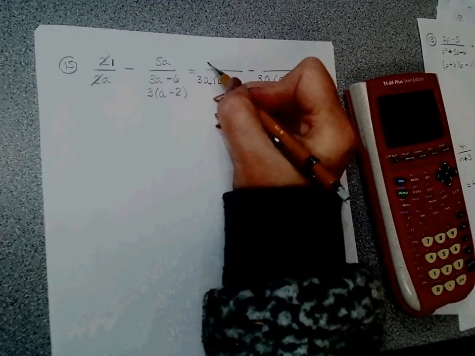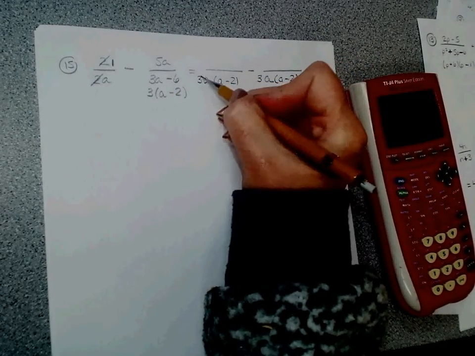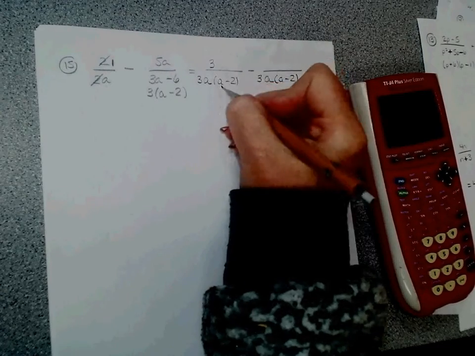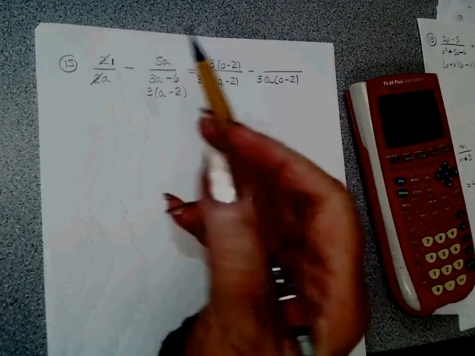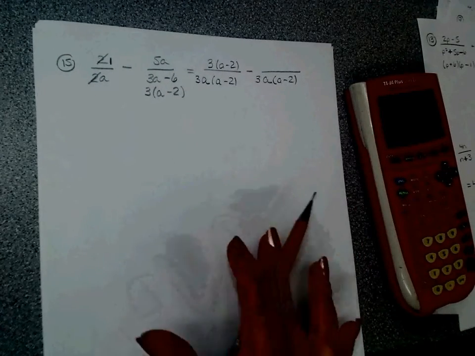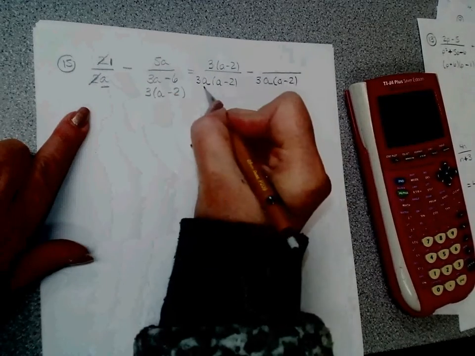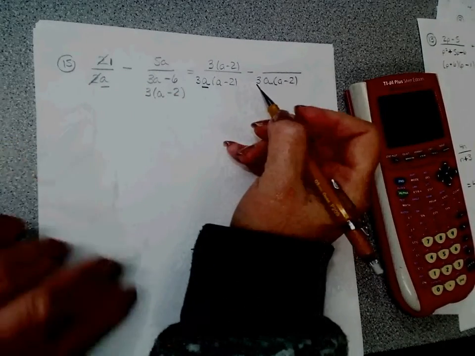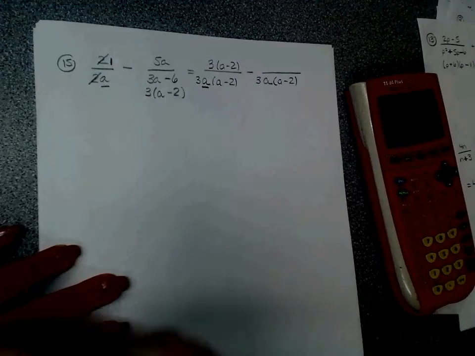Okay. Now, this one had the a, so it needs a 3, and it needs an a minus 2. And there was only a 1 up there, so 1 times 3 is just 3. Okay, now let me talk through that again, because I said it a little fast. This one had the a, so the things that I didn't underline were the extras, and they needed to go on top.